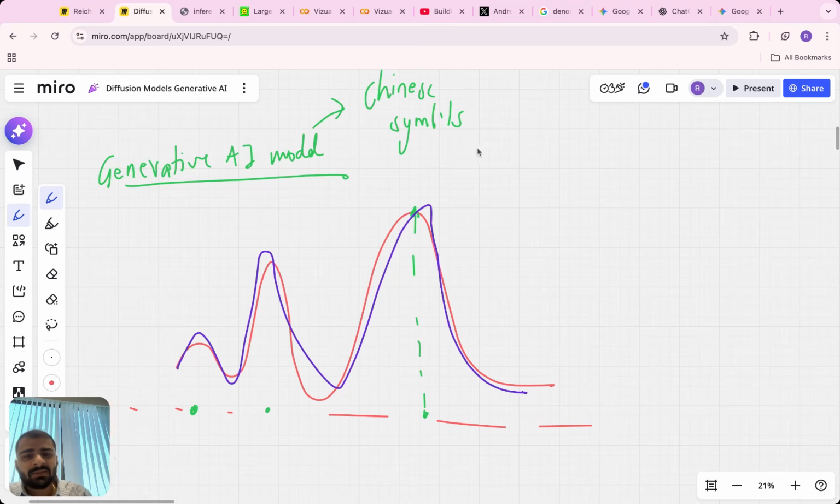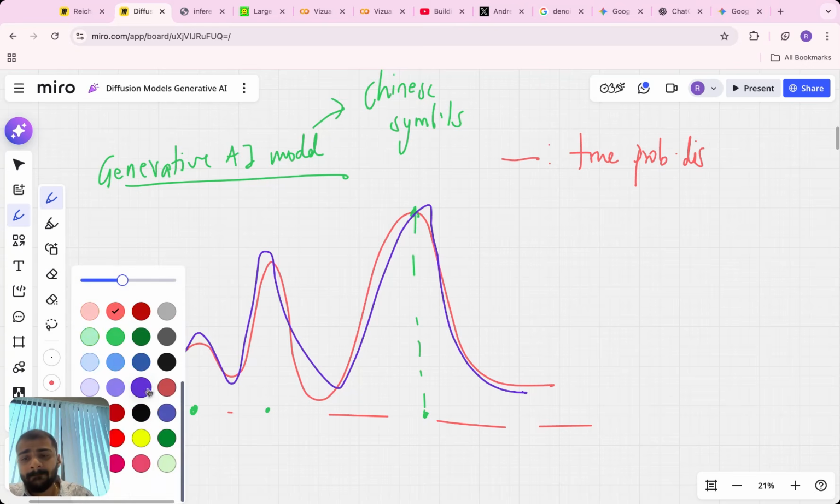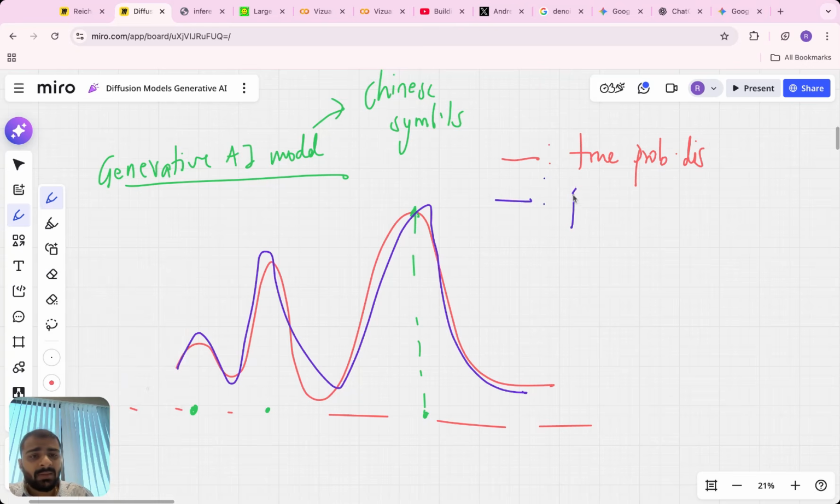So if the red line is my true probability distribution, and the purple line is my predicted probability distribution, one lens to look at generative AI is that we are trying to get this purple line to be as close as possible to the red line.